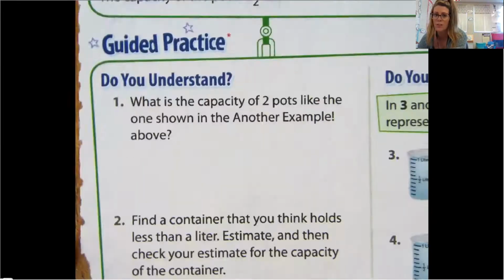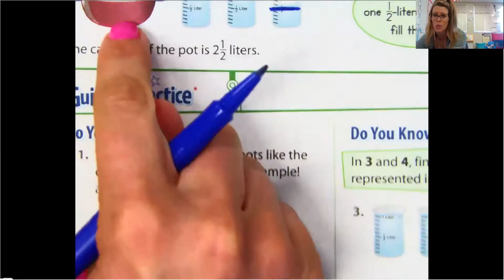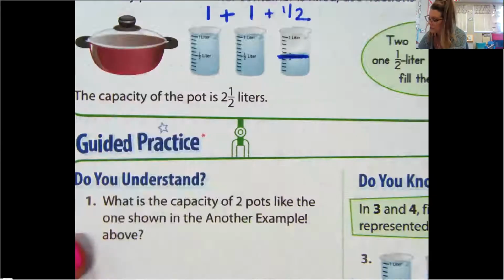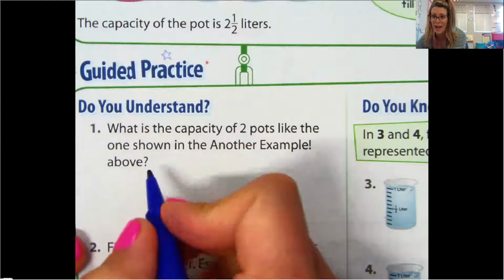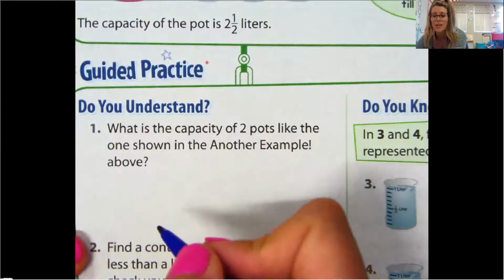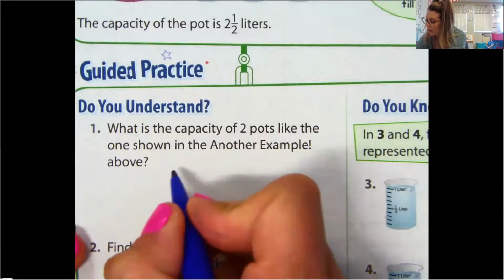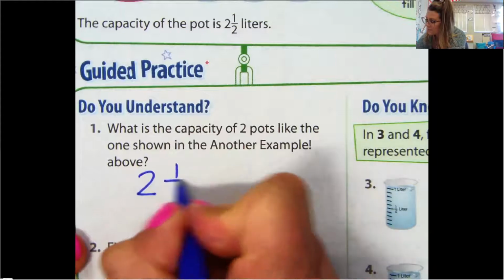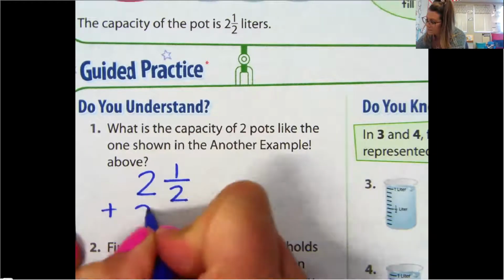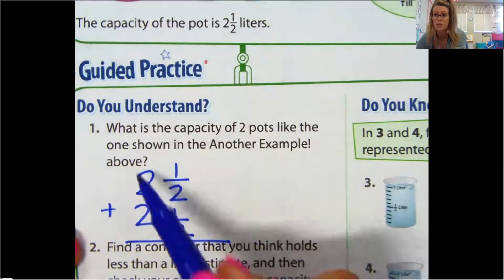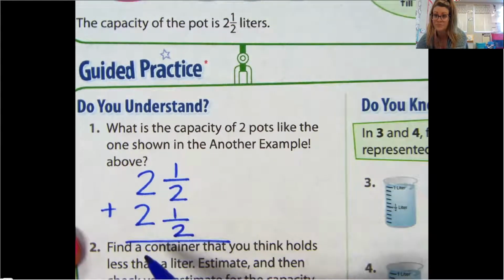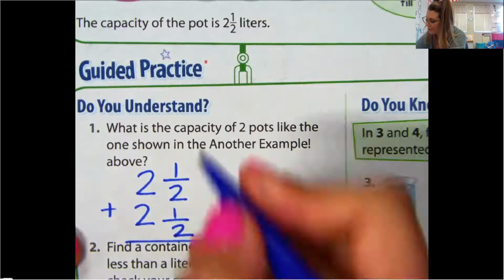Well, they want to know the capacity of 2 of these pots. We're going to have to do a little adding. What's 2.5 plus 2.5? Well, I know 2 plus 2 equals what? 4.